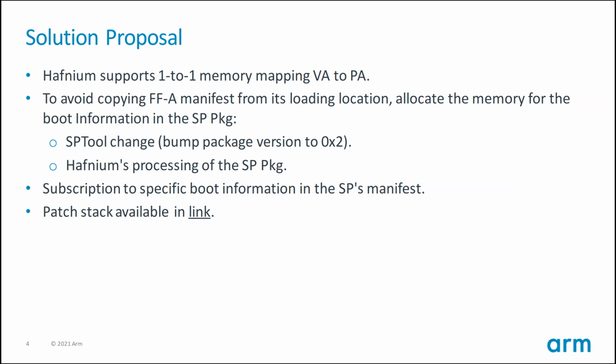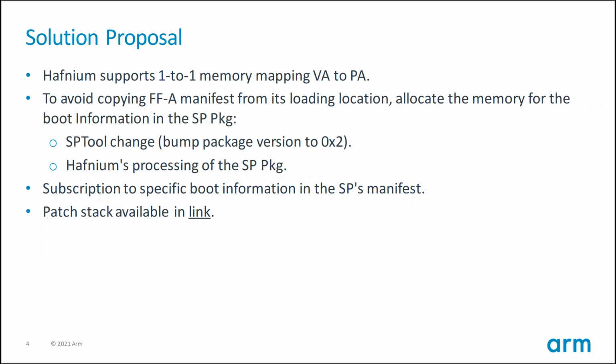Currently in Hafnium, we load SPs in this pretty much implementation-defined package, which contains a header, the manifest, and the image of the SP. In order to fulfill our goals, we needed to make some changes to the SP tool, bump the version of the package to version 2, and change the way Hafnium processes the SP packages itself.